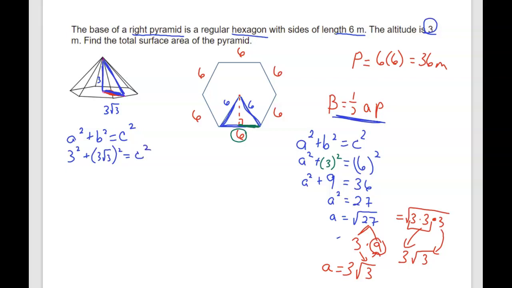If you recall, 3 square root of 3 was the same thing as the square root of 27. 3 squared is 9, and this square and square root cancel each other out, leaving me with 27.